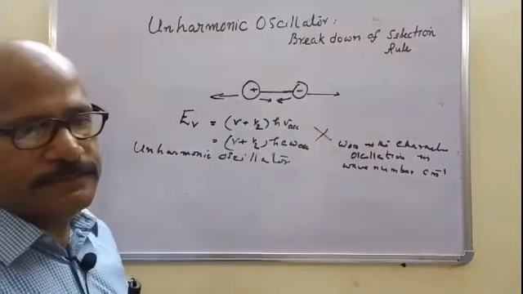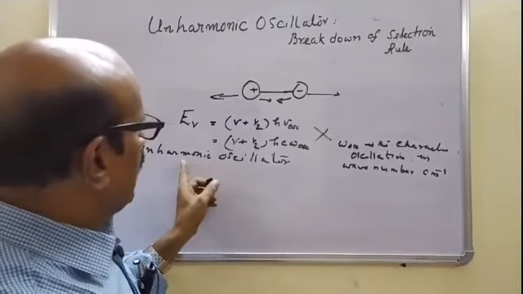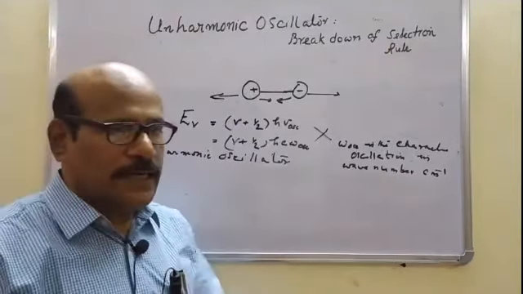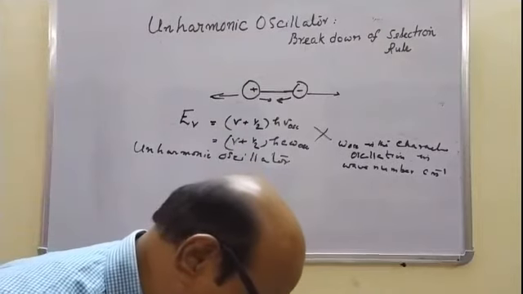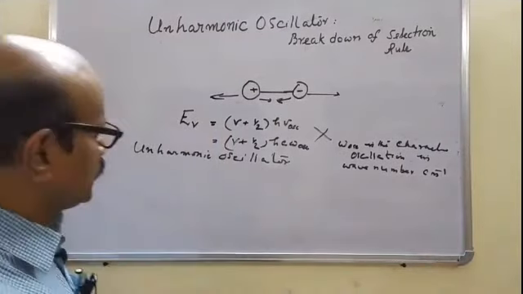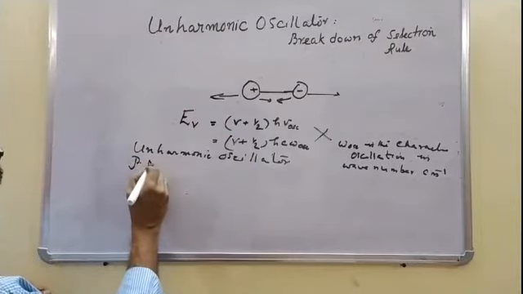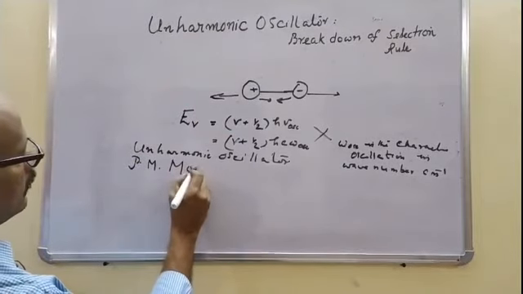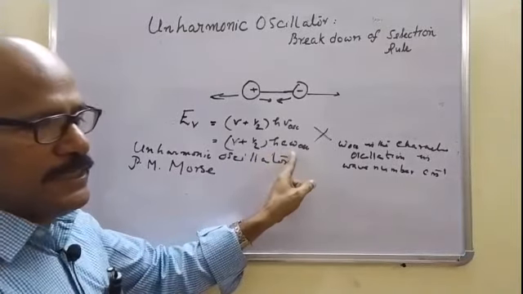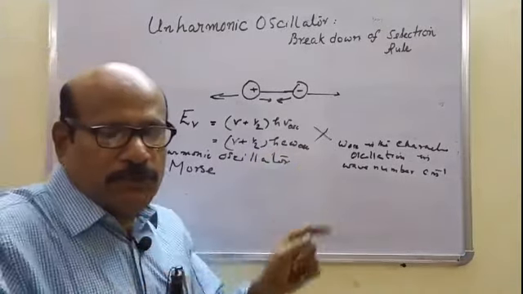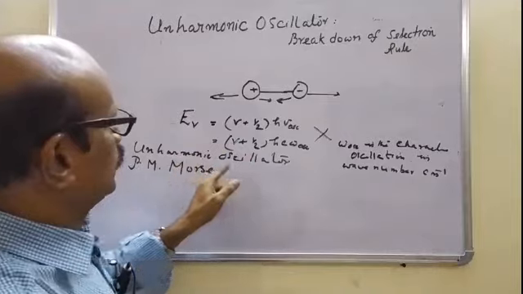In the case of an unharmonic oscillator a modification is required. The scientist called P.M. Morse, the Morse curve, modified this equation and suggested another modified equation for an unharmonic oscillator.